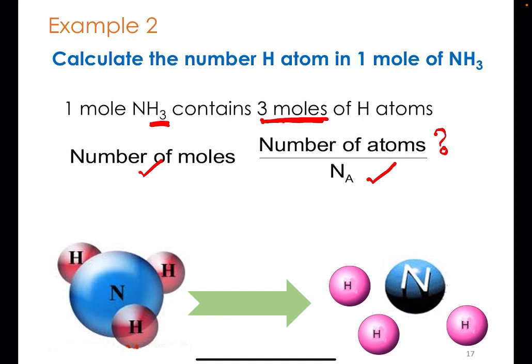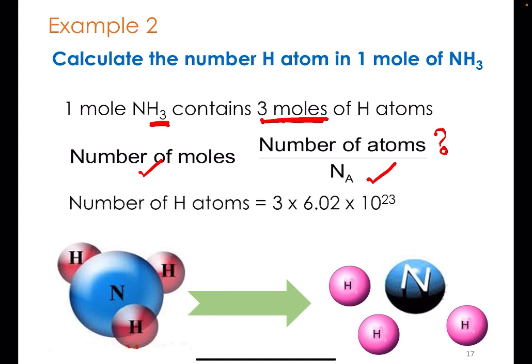Okay, so what you're gonna do, you will have this value where you calculate the final answer will be 1.806 exponent 24, dan term kita sekarang adalah number of H atoms, so you can put atoms or H atoms. So that's how you want to understand about this example too.